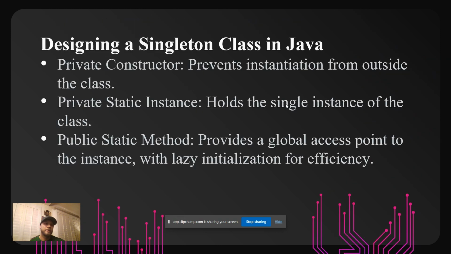So we'll switch over to designing. Why do we design it and how can we design it in Java? The way we would go about designing a Singleton class in Java would be in three key steps: making the constructor private to prevent external instantiation, creating a private static instance in the class, and providing a public static method that returns the instance of the class.